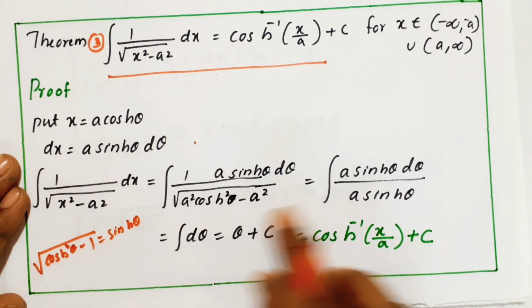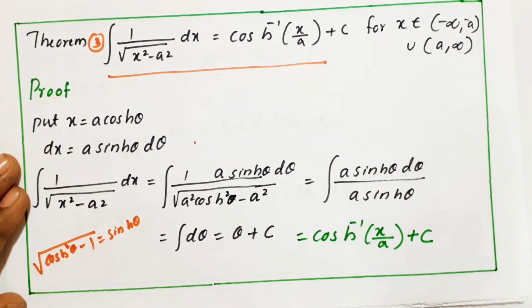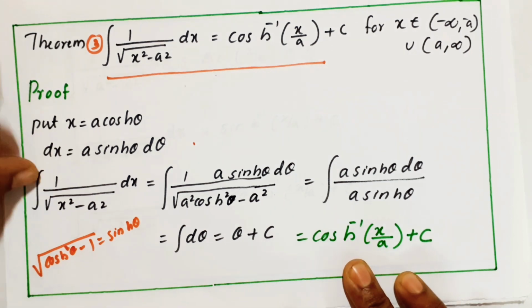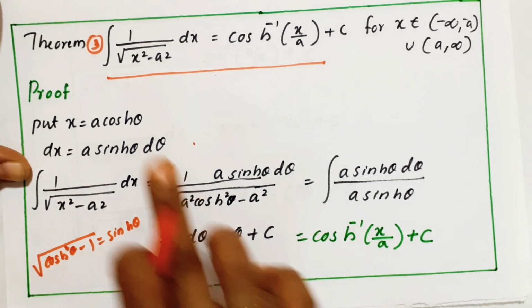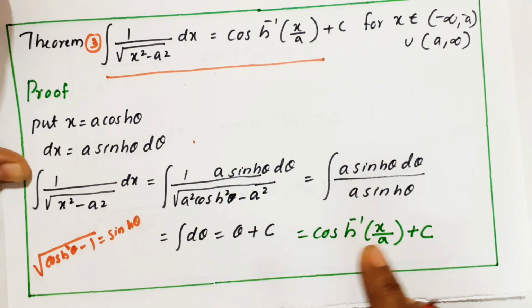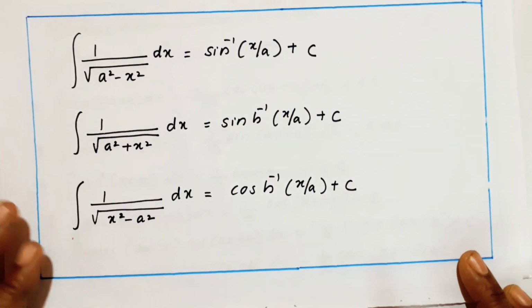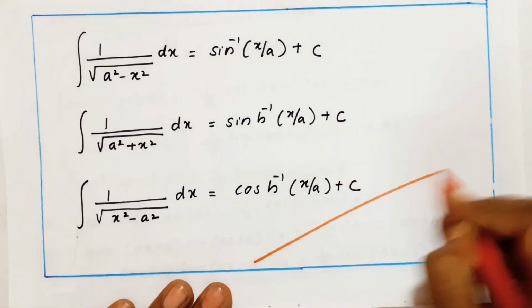So sinh theta gets cancelled. We will get theta plus c. So from this equation we can write theta as cosh inverse x by a plus c.